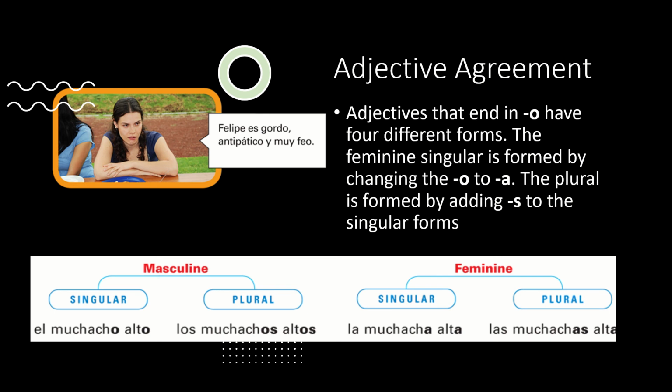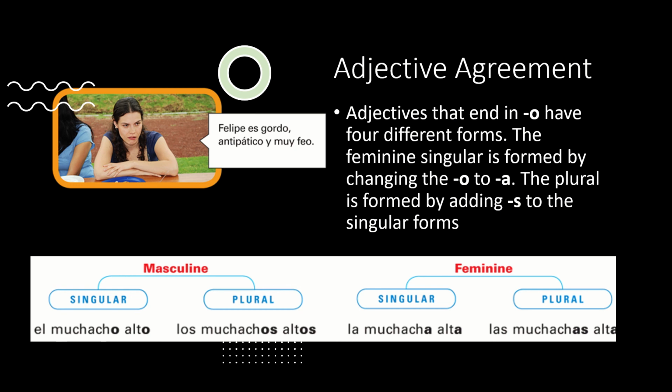So as a general rule, any adjective that has an O at the end is going to have 4 different forms. O is going to stand for the masculine singular, and then we can change that O to an A to be our feminine singular. And then all we have to do to make it plural is add S. Now, I know that sounds like it could be a lot, but think about it.